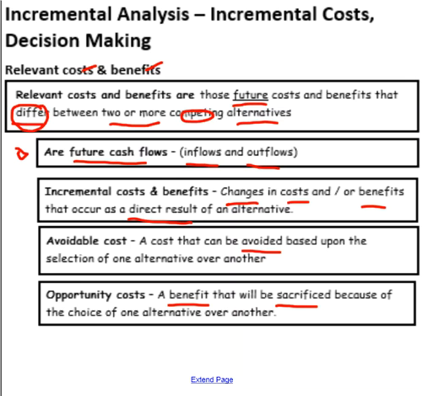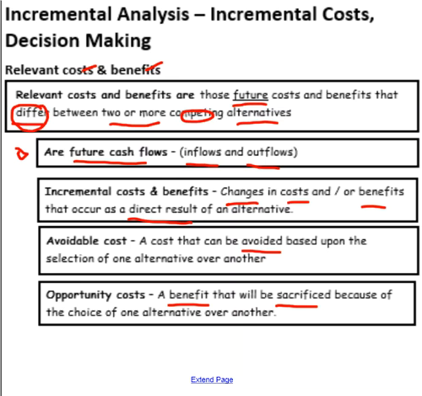Look at it this way: assume that you have a car, an old Camaro, and somebody comes by and says, I'm willing to pay $10,000 for that car. Do you want to sell it to me? Now you have two alternatives. You can accept no cash flow under alternative one and keep your car.